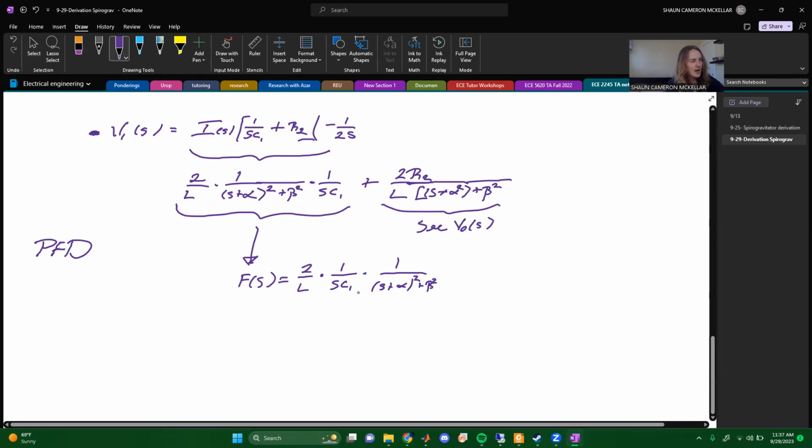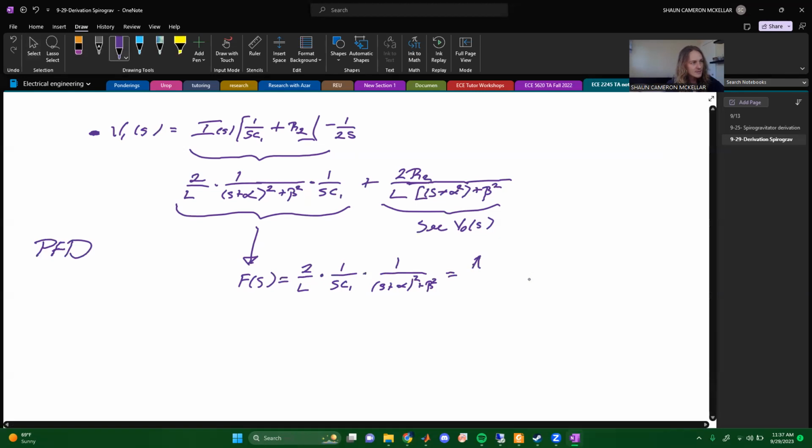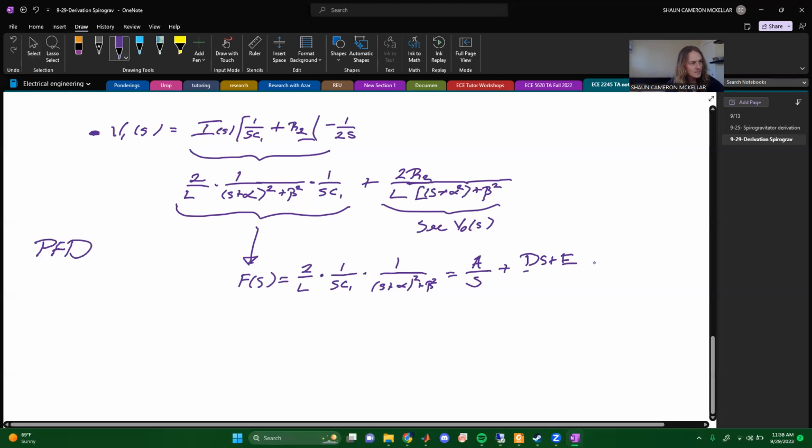Okay, so I can express this through partial fraction decomposition as A over S, because I see I have a 1 over S term here, plus Bs plus E divided by my denominator, S plus alpha squared plus beta squared.